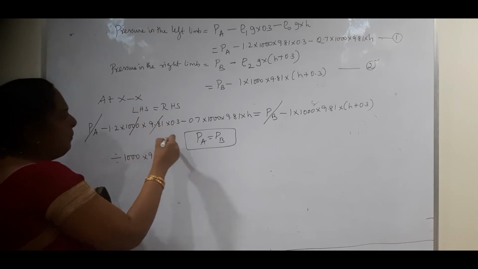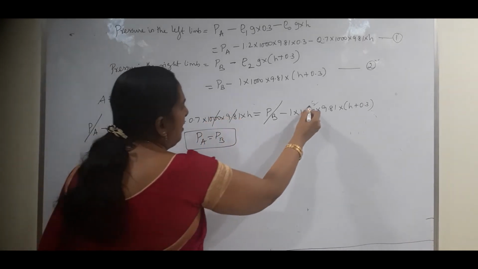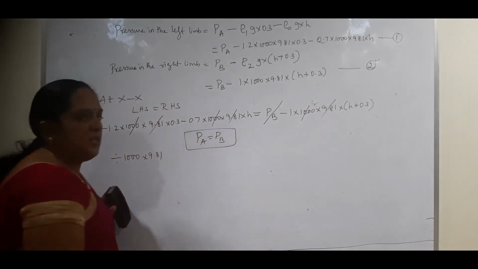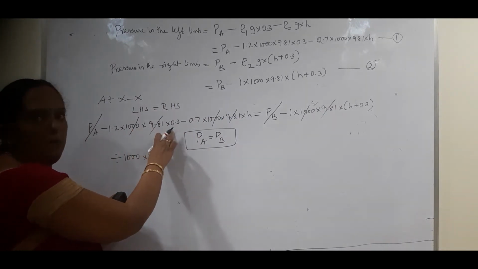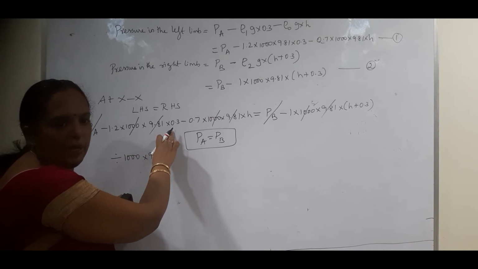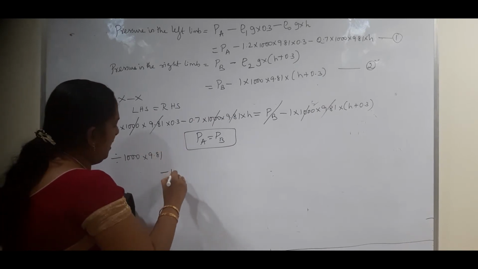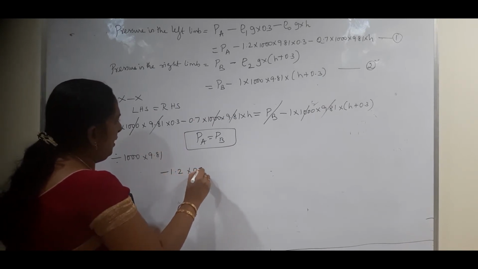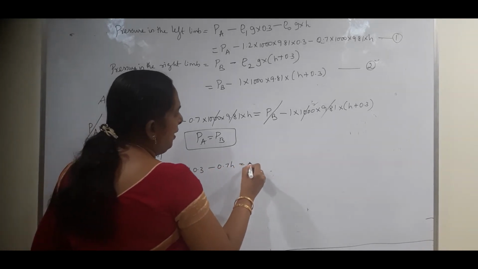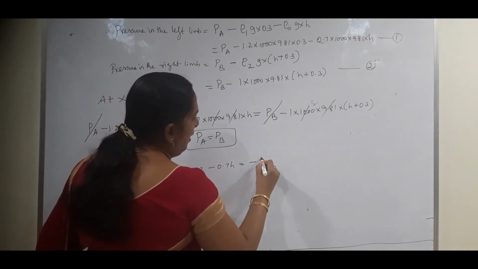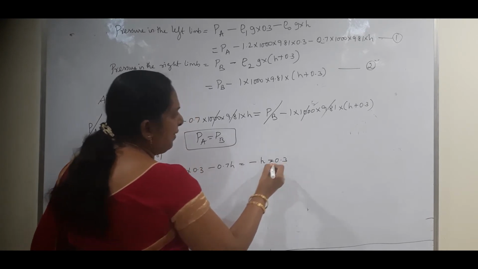So this is for easy multiplication and division. So here we only have minus 1.2 into 0.3. Okay, so just I am rewriting, minus 1.2 into 0.3 minus 0.7H is equal to minus of H plus 0.3.